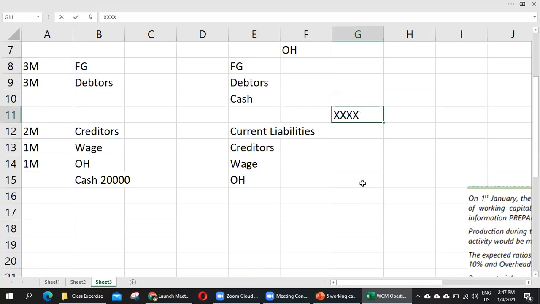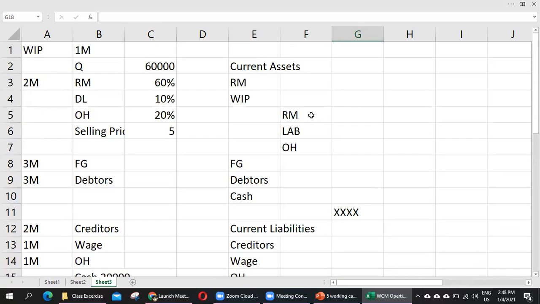We have to find total current assets, total current liabilities, and net current assets. Net current assets equal current assets minus current liabilities. So we have to find the values of raw material, work in progress, finished goods, debtors. Cash balance is given.